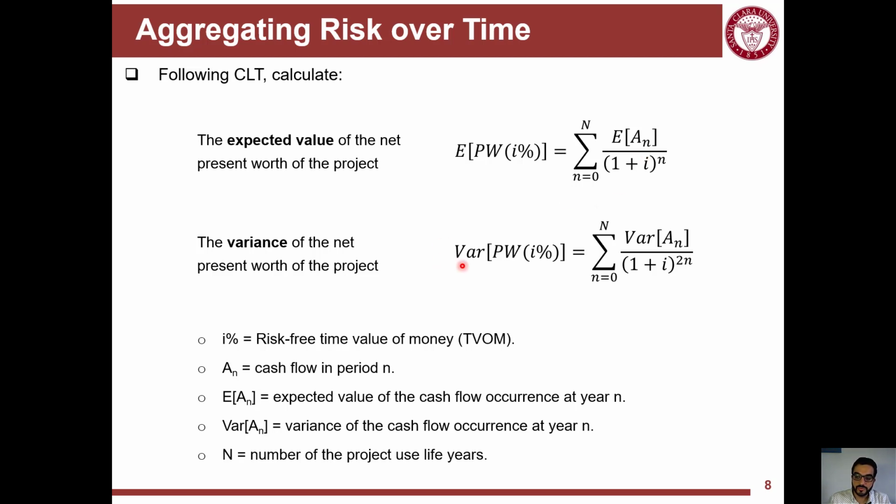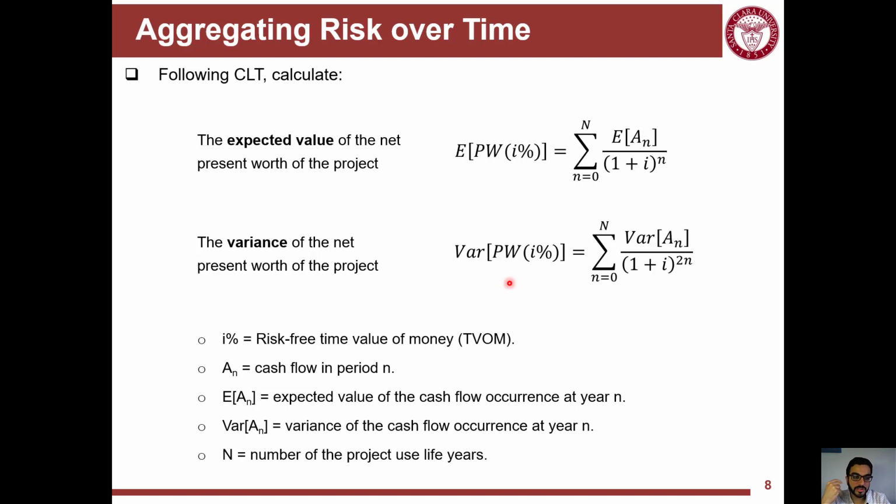The variance of the sum will be equal to the sum of the variances, and we're discounting it too, but because the variance is to the power 2, you are dividing by (1 plus i) to the power 2n. And i here is the risk-free time value of money.